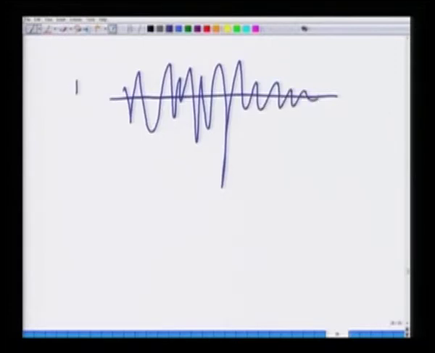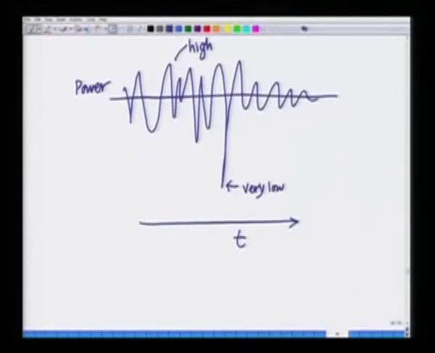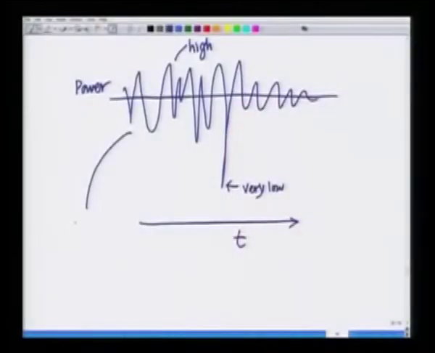this is the power and this is the time. So, the signal power is varying in time. For instance, here it is very low, here it is probably high, and so on, and this variation in the signal power is known as fading.